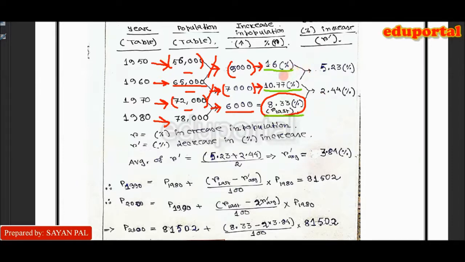Now the difference between these: 16% minus 10.77% is equal to 5.23%, and 10.77% minus 8.33% is equal to 2.44%. This is the decrease in percentage increase, so as per our problem definition we have to take the average of this, r dash.